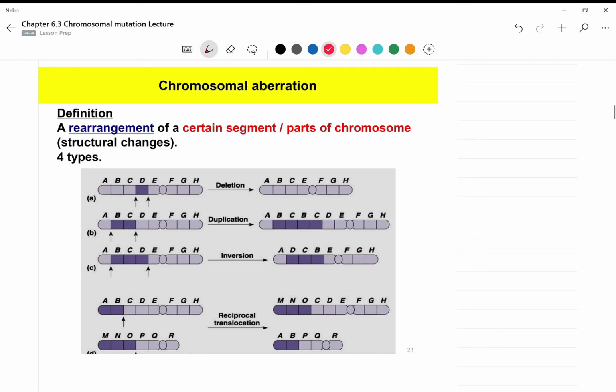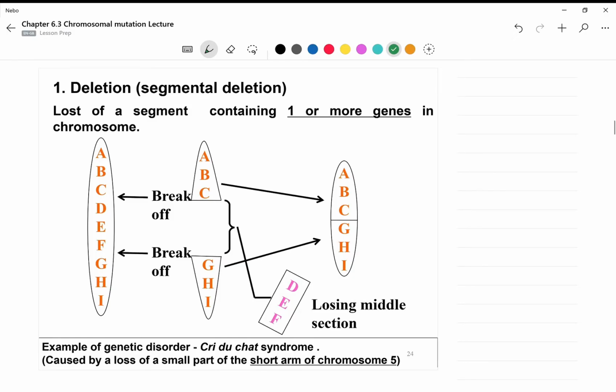Chromosomal aberration is defined as the rearrangement of a certain segment or parts of a chromosome in one of these 4 ways. In deletion, 2 points on the chromosome break off, causing the loss of a segment that contains 1 or more genes. In this example, we have 9 genes.